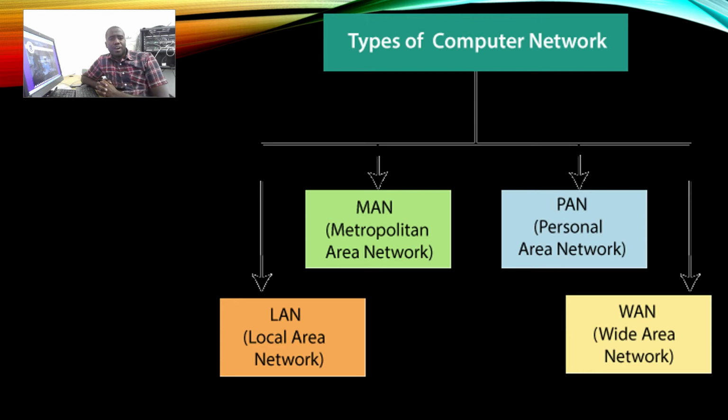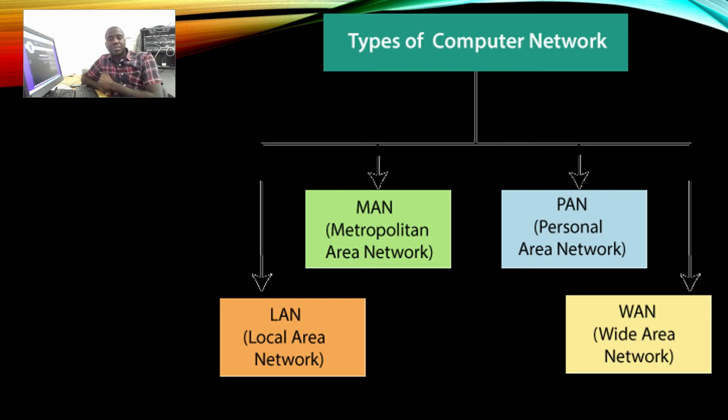Right. Of these four, what is very, very important for you to know are the ones listed at the bottom: the LAN, as well as the WAN. The LAN is the most popular and most common type of network, whilst the WAN is the widest or the biggest, because what really differentiates those four is size, the distance they serve.